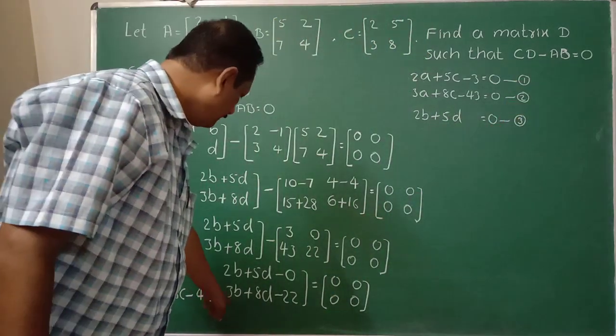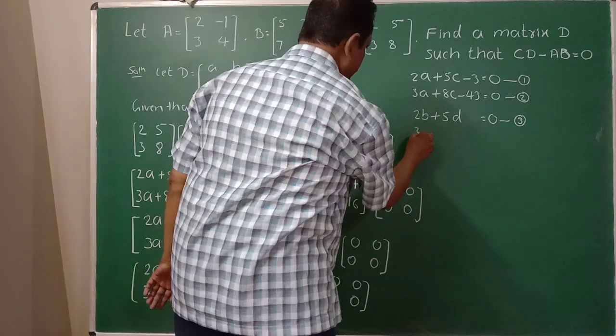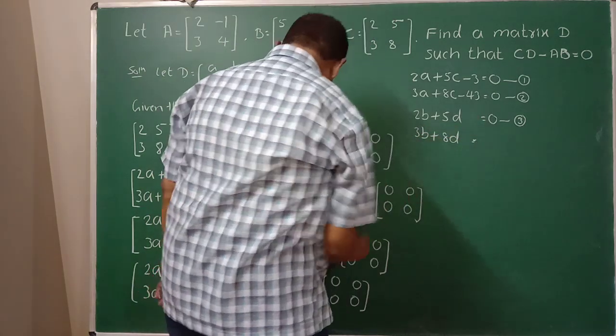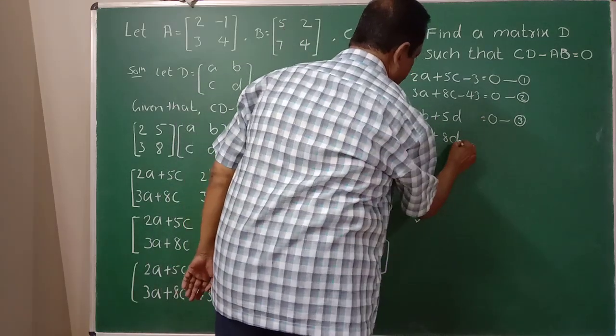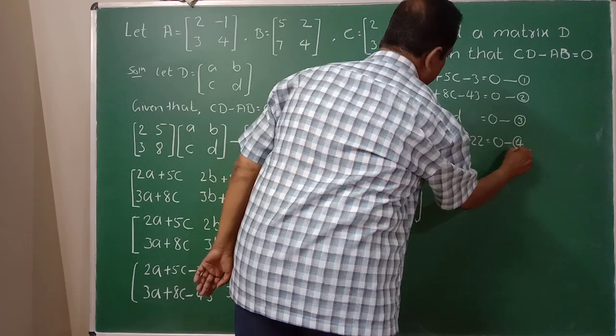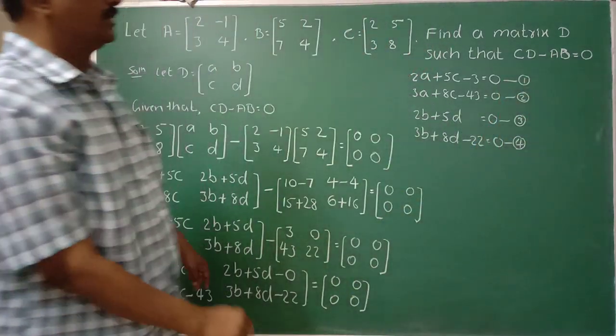Then 3b plus 8d minus 22 is equal to 0, take this as equation number 4.